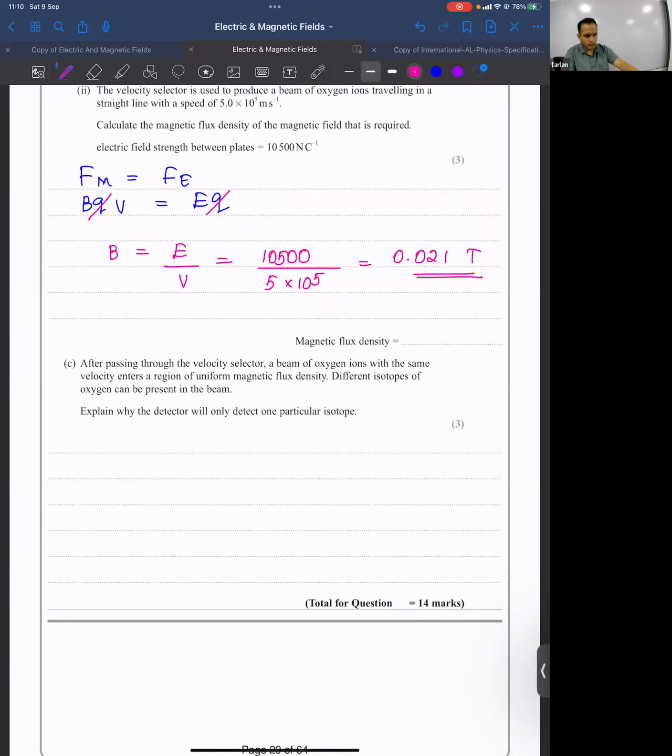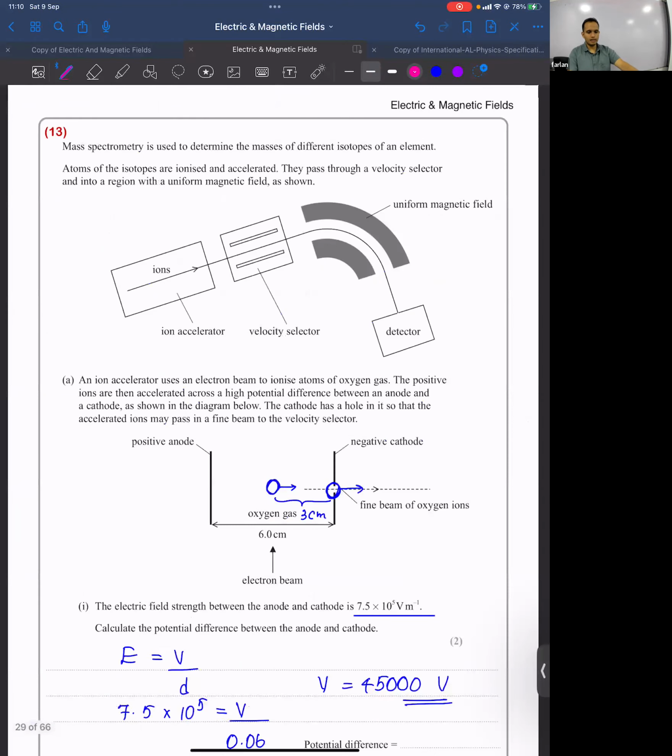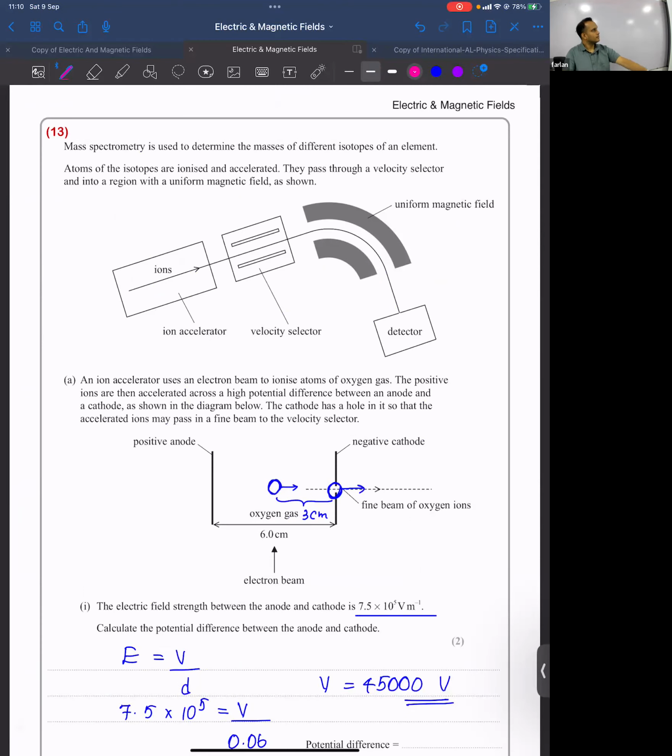Different isotopes of oxygen can be present in the beam. Explain why the detector will only detect one particular isotope. As you can see in the diagram, there is a uniform magnetic field. These particles which are coming straight will go through that and reach a detector.